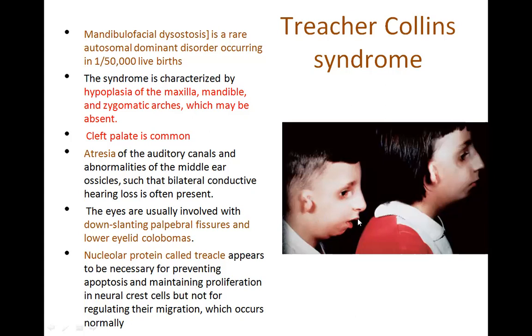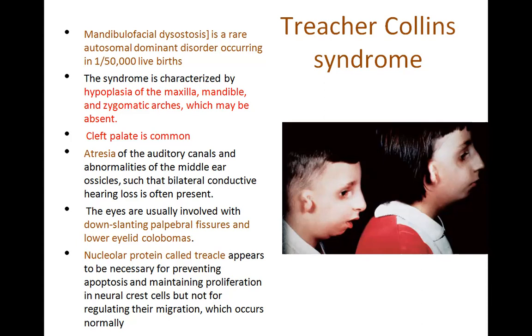Cleft palate is mostly associated with it. There is rotation of the ear which is evident. So atresia of the auditory canals and middle ear abnormalities are there. So ossicle formation is also affected. So it leads to bilateral conductive hearing loss.